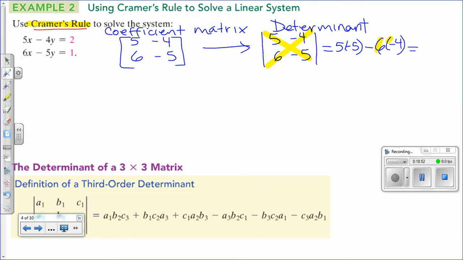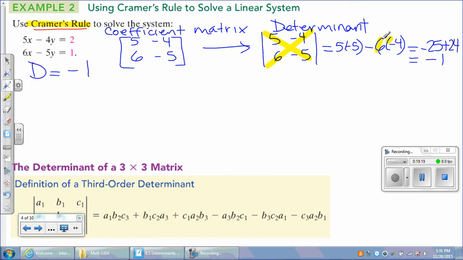This is equal to -25 plus 24, which equals -1. So we're going to say that D, capital D, which we use to represent the determinant of the system, will be -1.